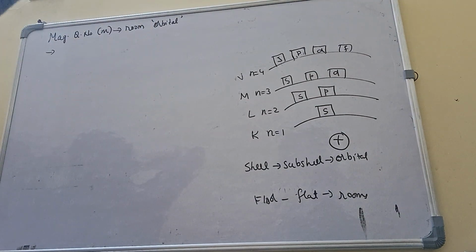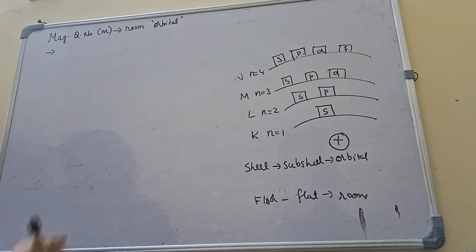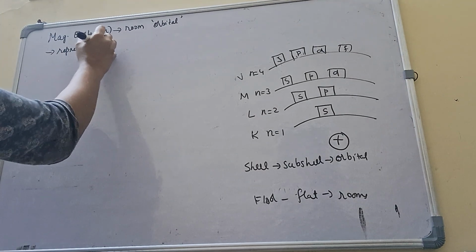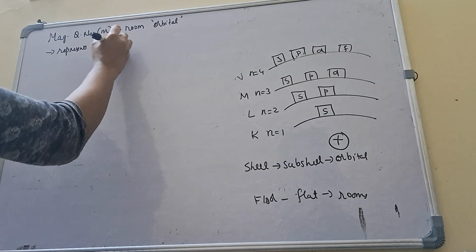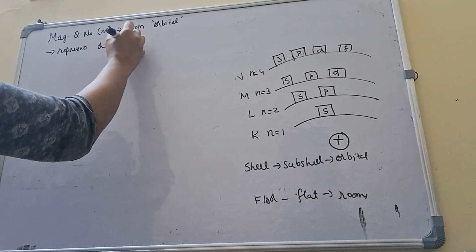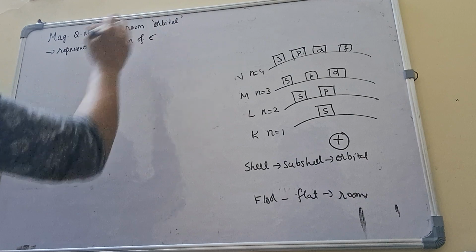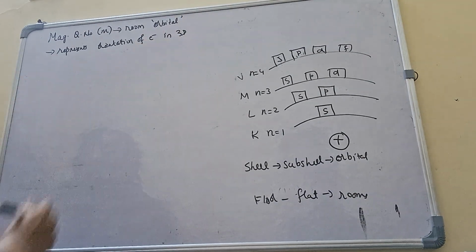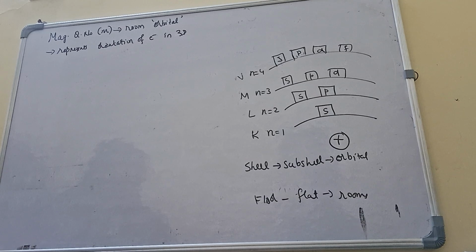It is the closest region where you can find the electron. It represents the orientation of electrons in a 3D space. So it's like, if I say I am in this flat, it is fine.